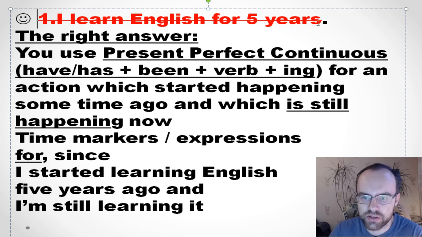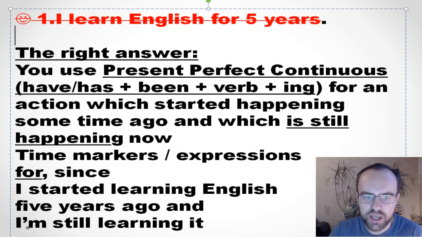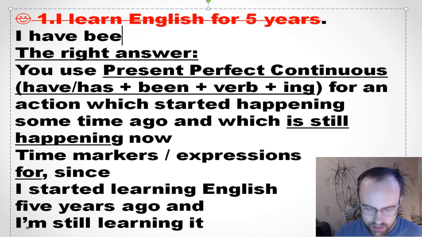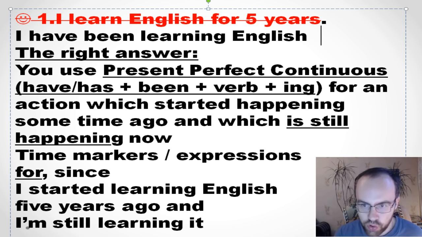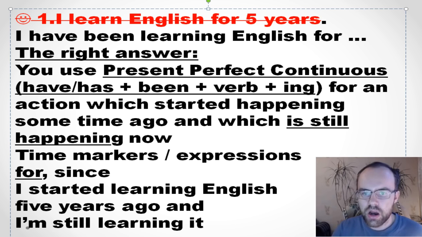So you need to use present perfect continuous, and you need to say, I have been learning English for, for example, 5 years. I have been learning English for 5 years.